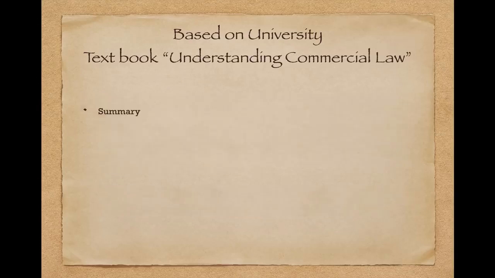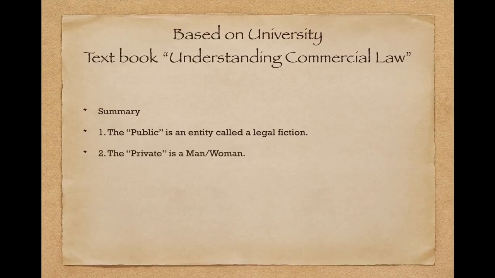And in summary, the public is an entity called a legal fiction. The private is the living man or woman. This is very, very important. Public is run by administrators.